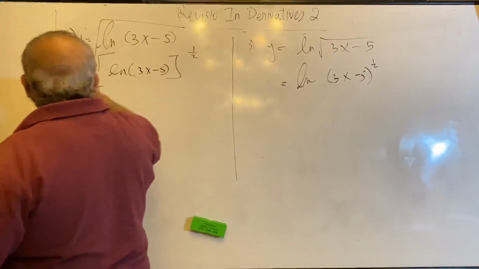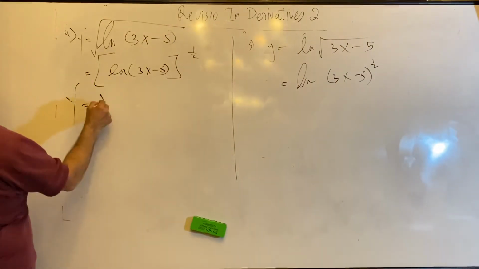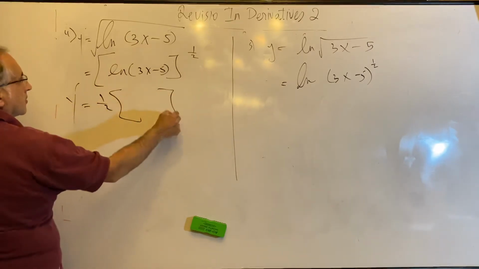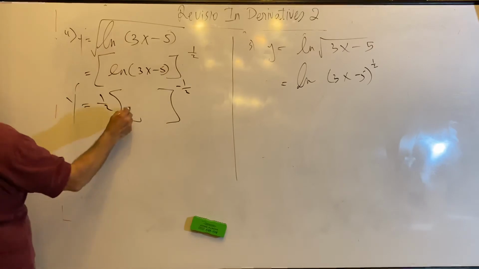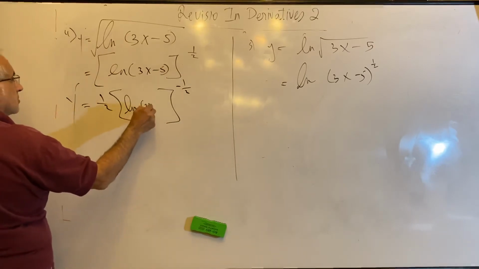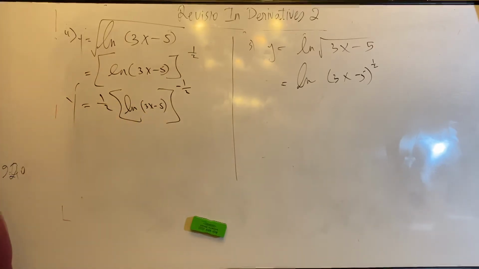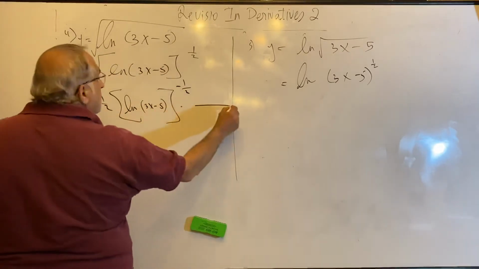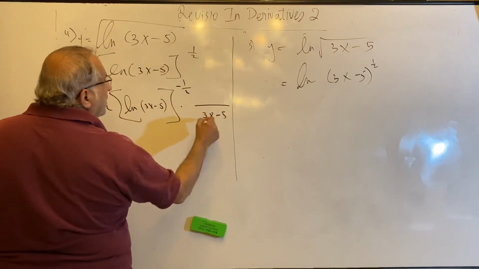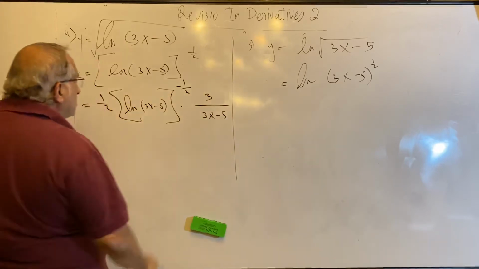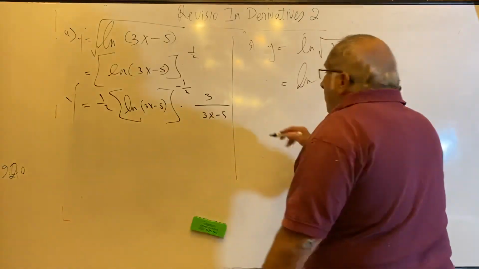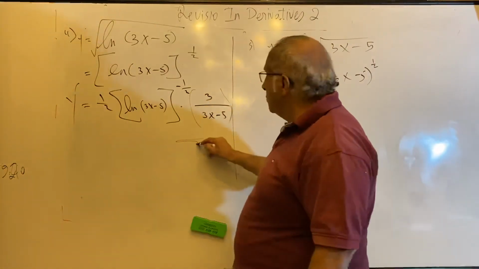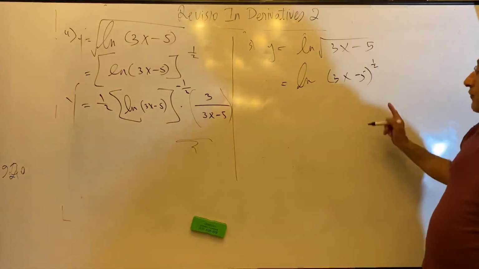You bring the half down, to the power half minus 1, minus half. But don't touch this. And then take the derivative of the inside, which is what? Put the inside there, and the derivative of that is 3. I would leave it like that. Why not? You want to put a bracket like that? Sure, you're done for that one.